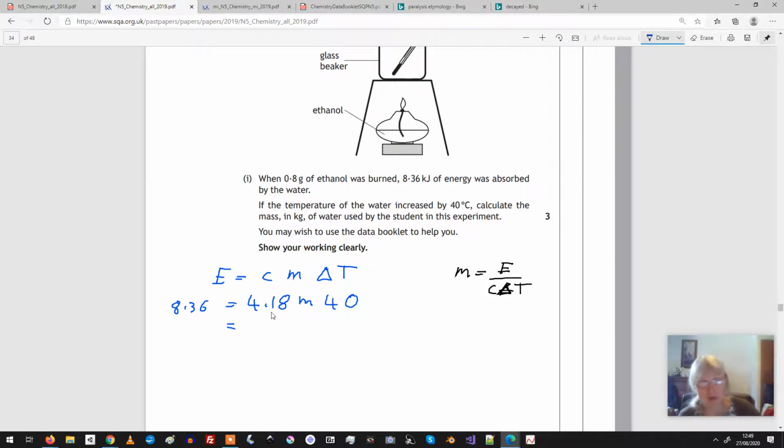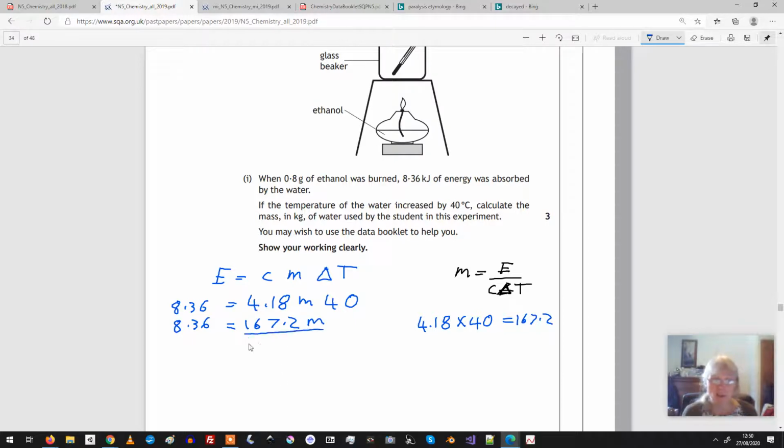So first of all, I shall multiply together 4.18 and 40. And 4.18 times 40 equals 167.2. So I have 167.2 times the mass is equal to 8.36.